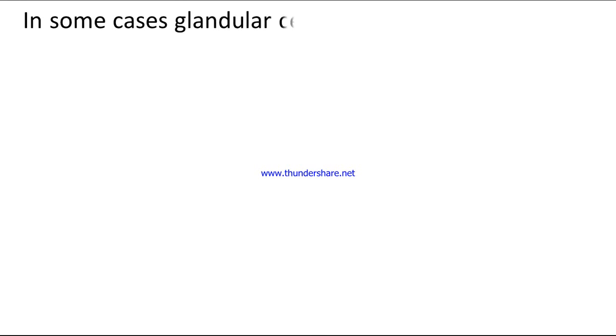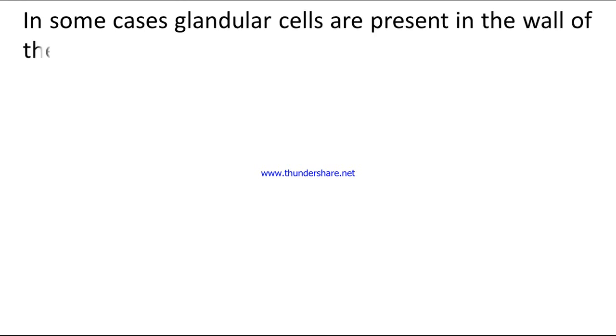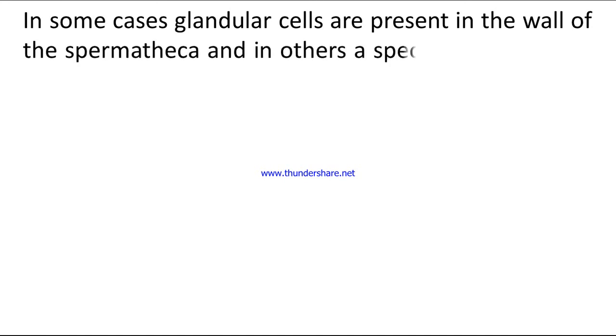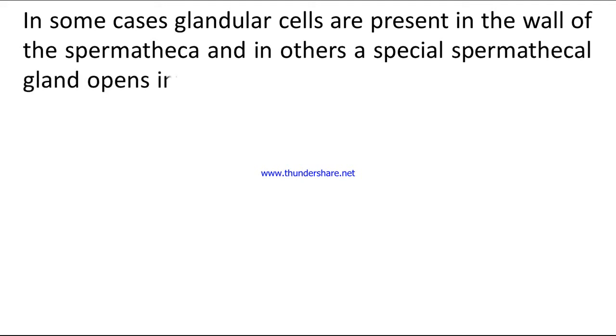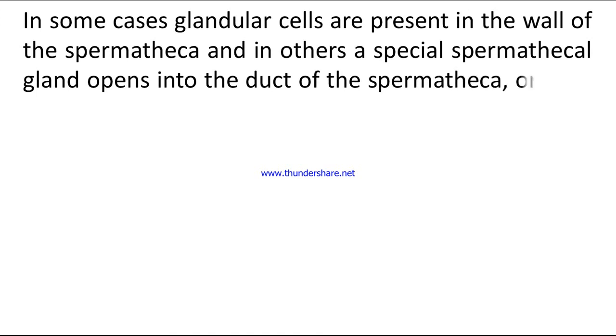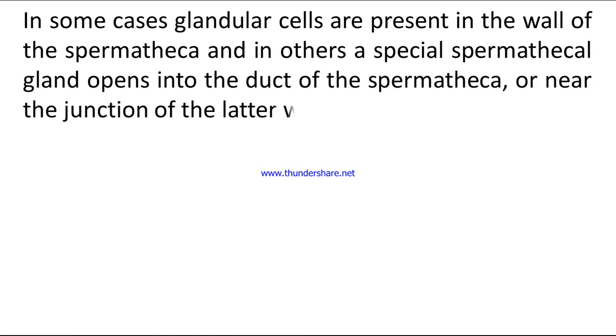In some cases, glandular cells are present in the wall of the spermatheca, and in others, a special spermathecal gland opens into the duct of the spermatheca or near the junction of the latter with the vagina.